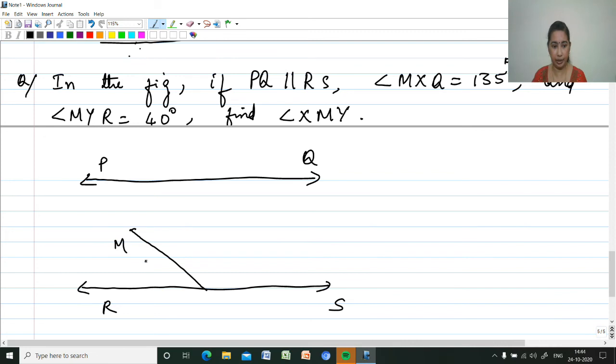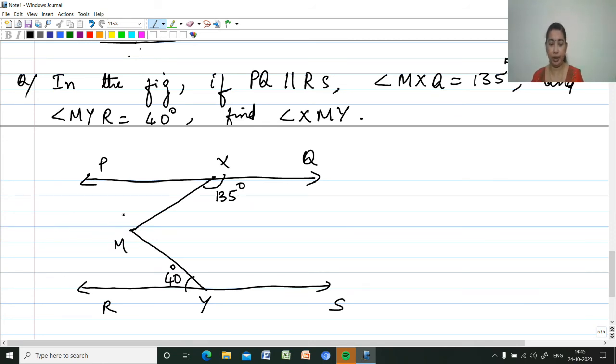Let it be MY and this is MX, and this angle is given as 135 degrees and here this is given as 40 degrees. Now we have to find how much is XMY.